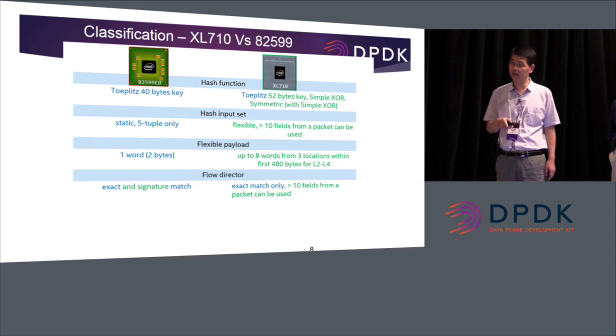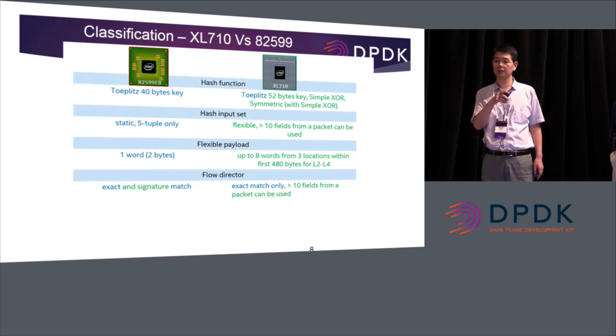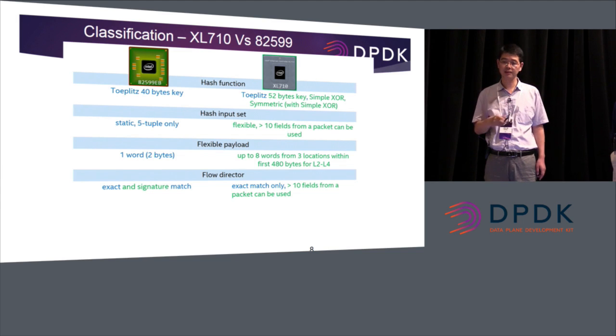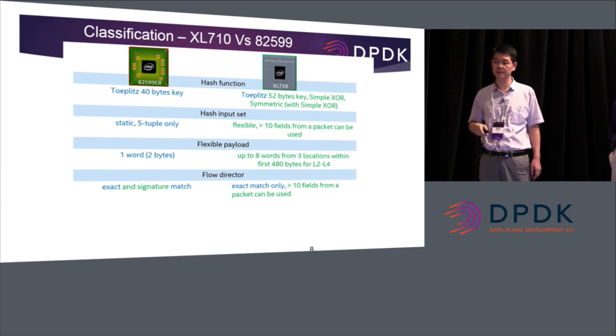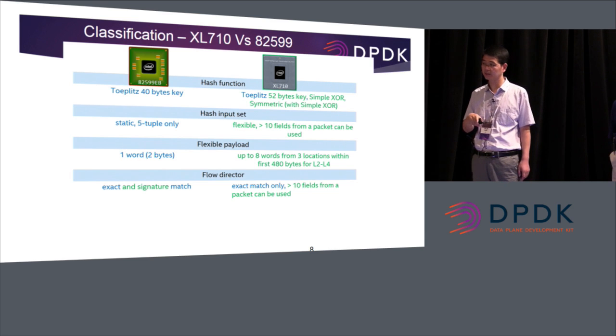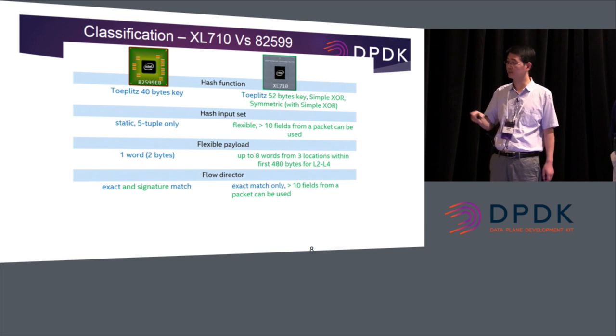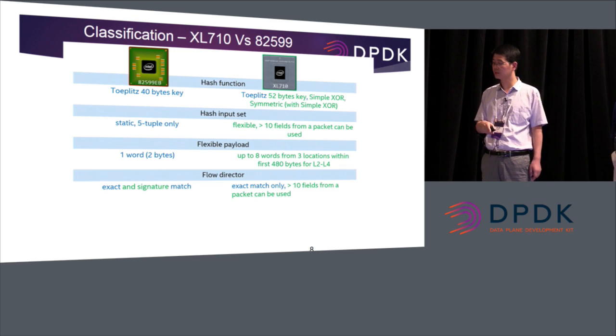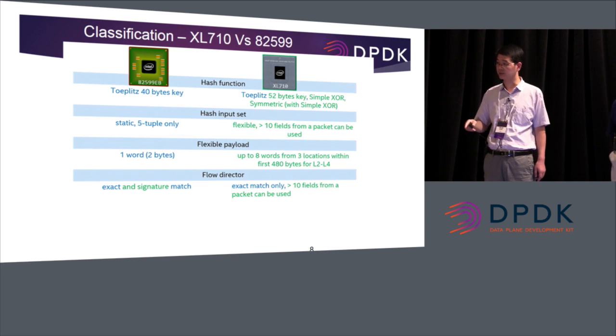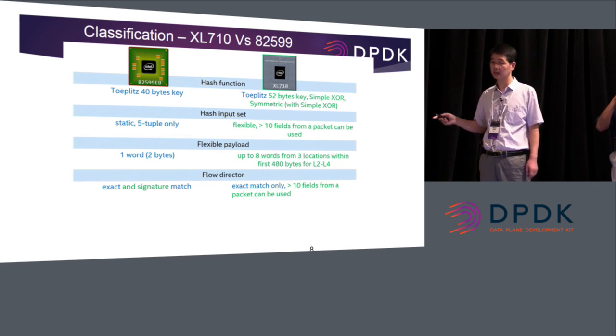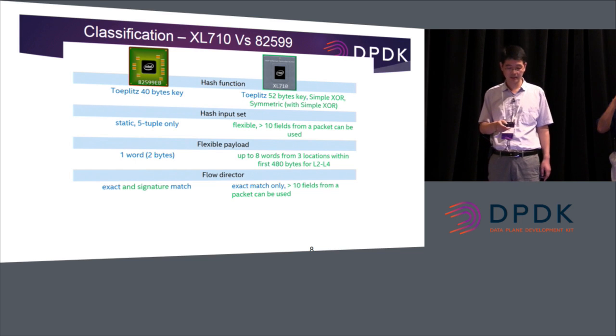For the flex payload side, on the previous generation of NIC, only 2 bytes can be used for flex byte. But on X710 we have up to 8 bytes to do that. This is a big change. Definitely there's a mask that can be used for that.